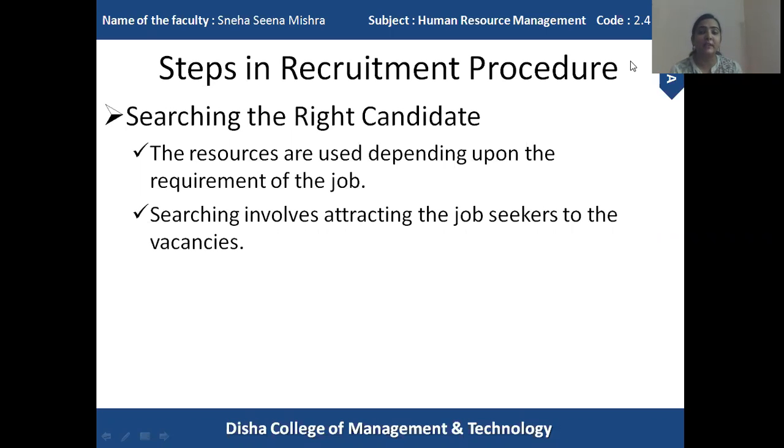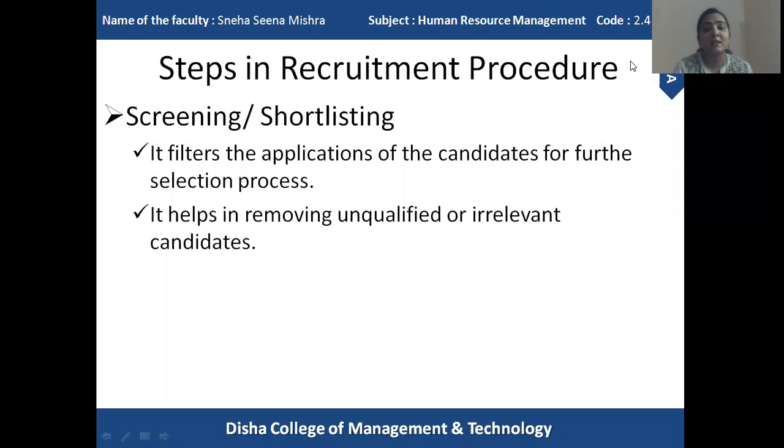Their information needs to reach the right kind of candidate, and what medium they use to approach the candidate is decided. Okay. And the next step here is screening or shortlisting. Whenever there is a vacant position and the potential candidates get the information about those positions, they apply for the job. Now, there are many people who may not be suitable for the job, who are unemployed, but they want some kind of job, whether they are suitable or not, whether they are qualified or not.